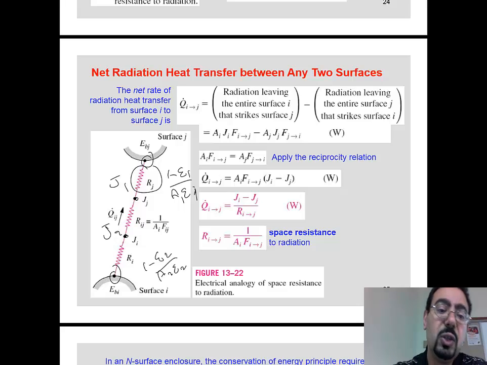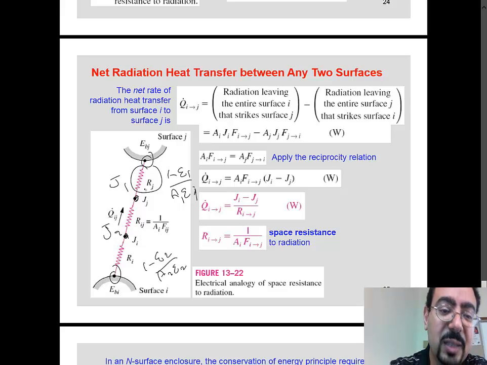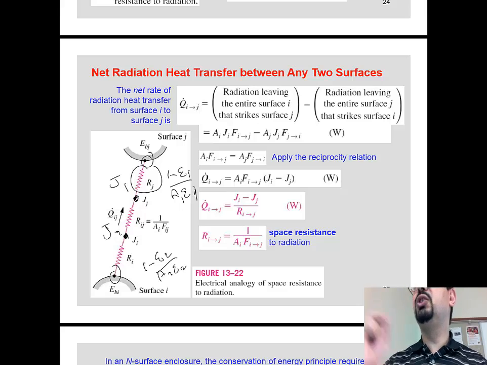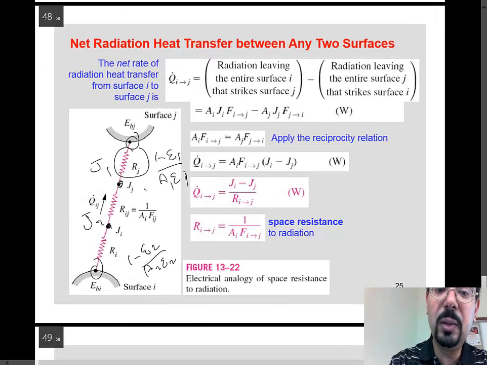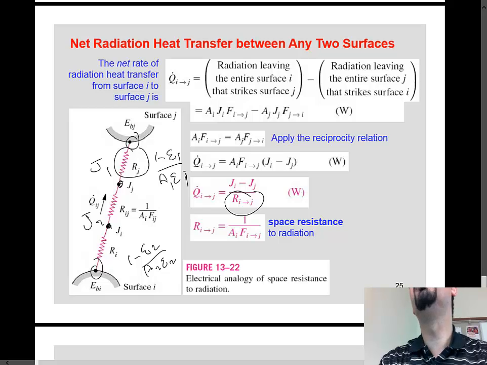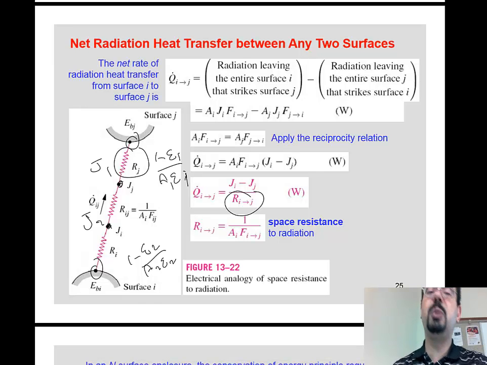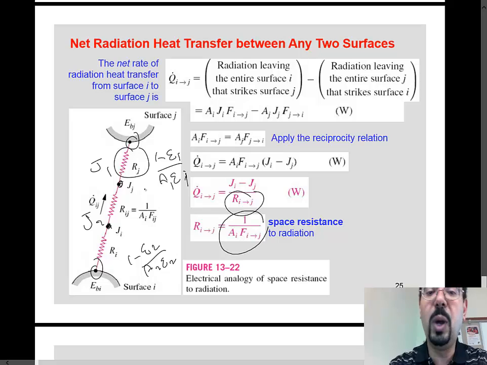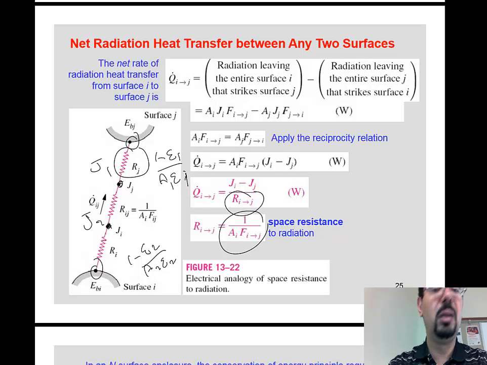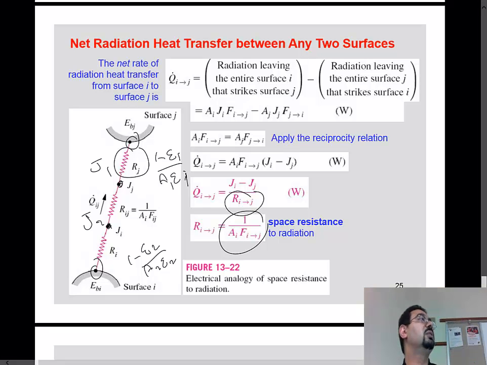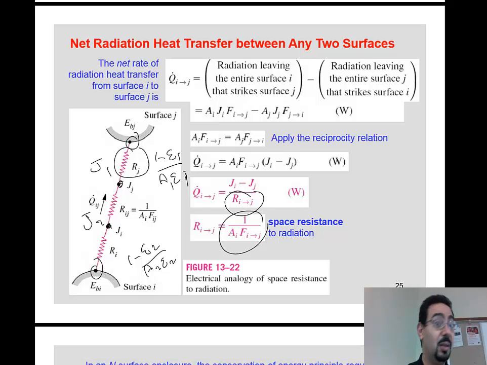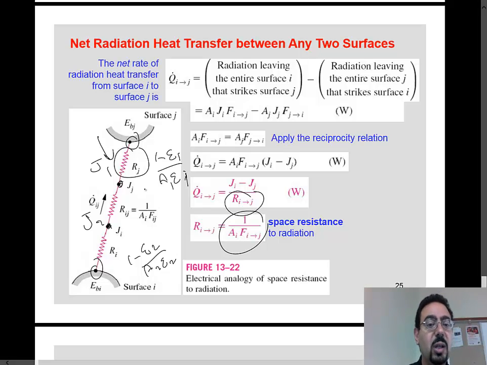Very good. So now this guy is sitting at J1, this guy is sitting at J2. How much will they radiate to each other? It's J1 minus J2 divided by the resistance between them. What is the resistance between them? It's very simple. It's 1 over A1 F12. So we have two kinds of resistance in those problems: there is surface resistance to radiation and there is geometry resistance to radiation.